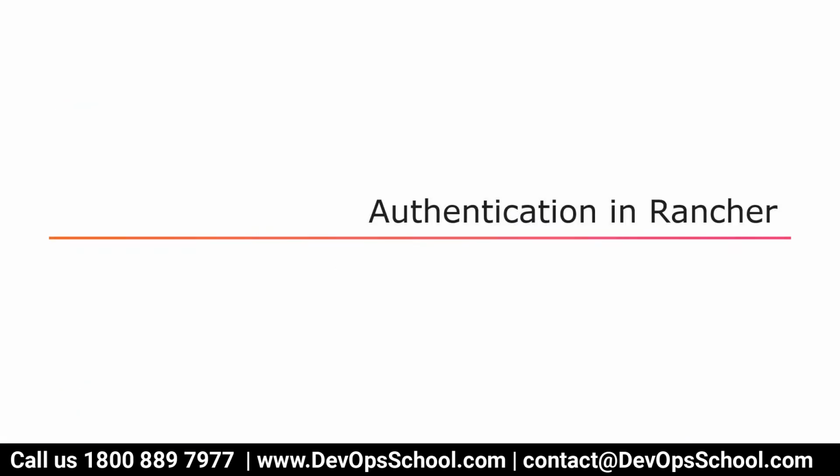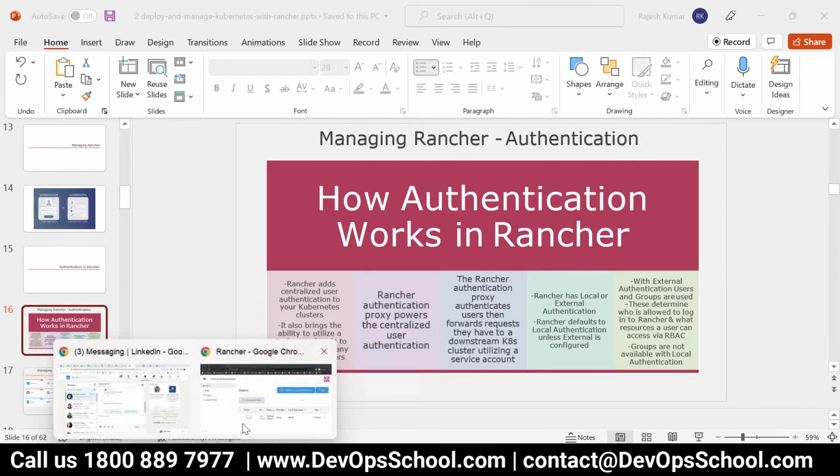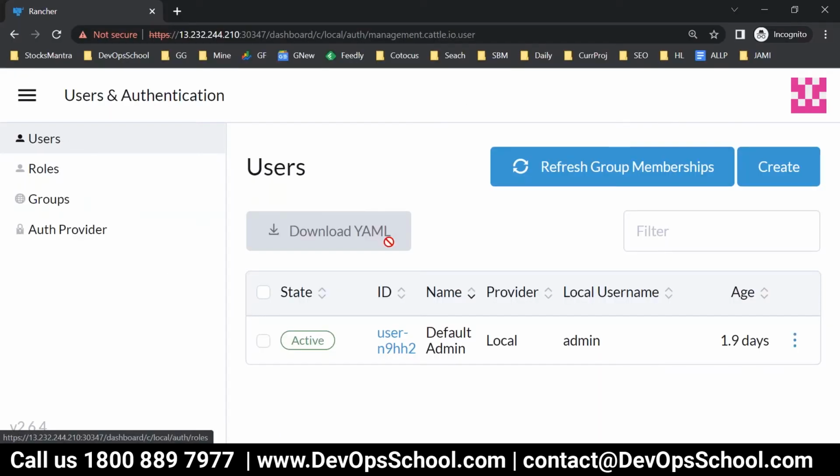Let's discuss how authentication works in Rancher. Rancher adds centralized user authentication to your Kubernetes cluster. Now, what is centralized user authentication? If you look here in Rancher, you have a user table.